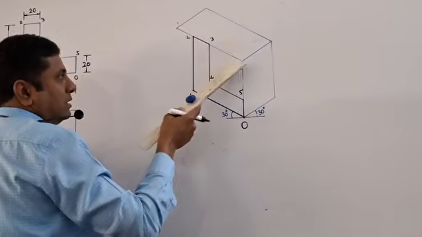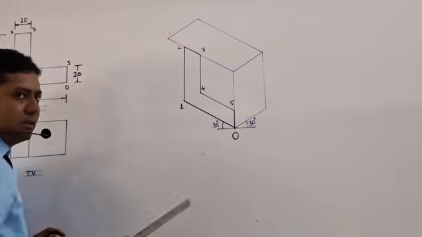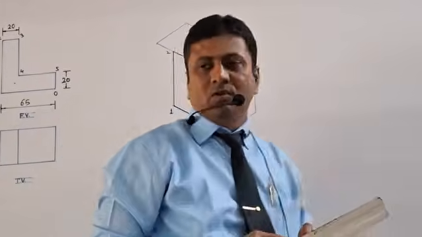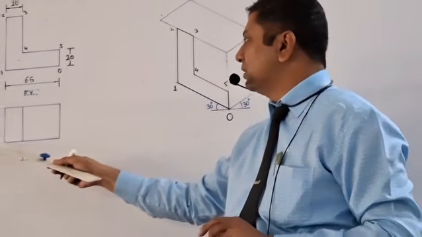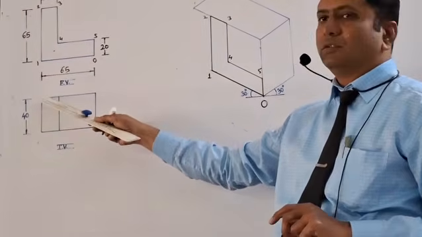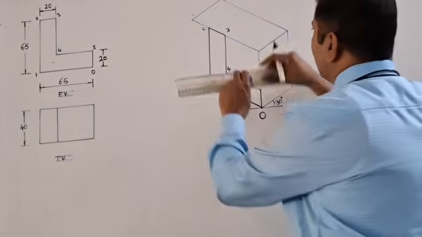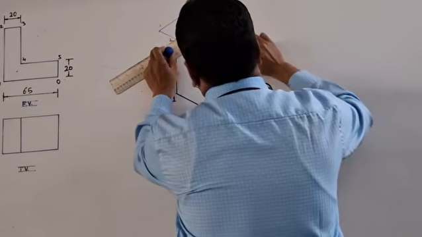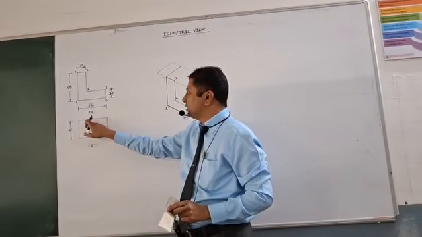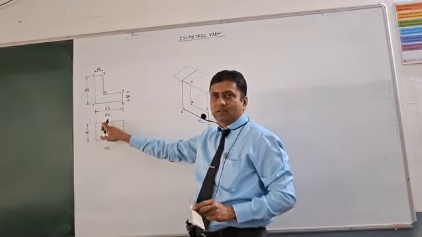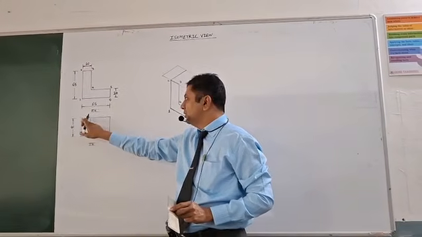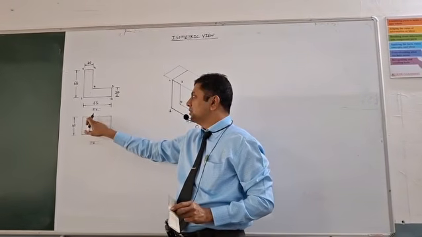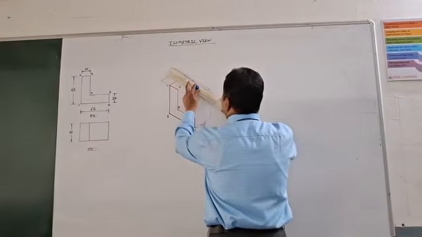And if you draw the lines, this line is parallel to this axis. Okay. So first we will start from here. Let us see. So this to this, how much? First line 40. So from 2 you have to draw a line which is parallel to this vertical axis. From this to this, how much? Step by step we are going. From this point to this point, what is the length? 20. Take 20.